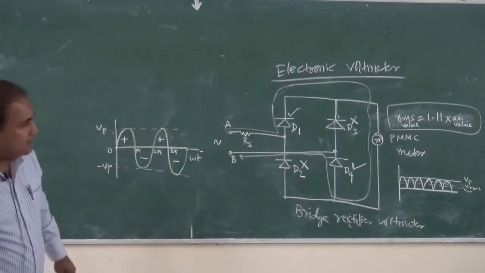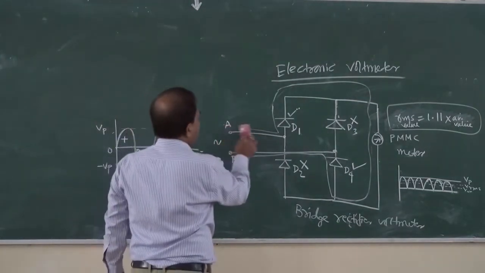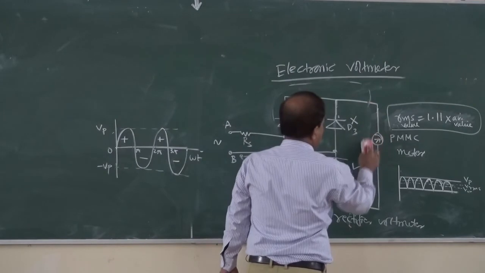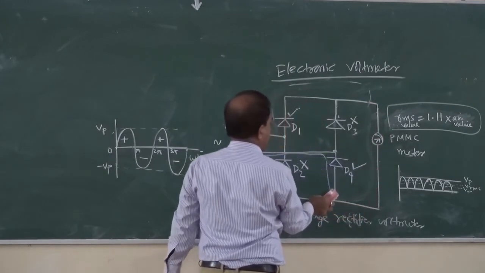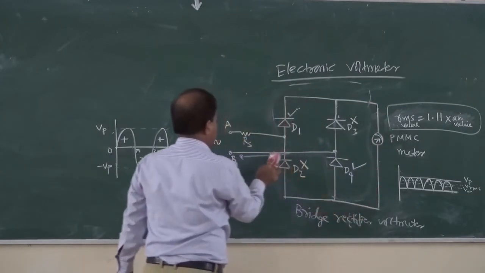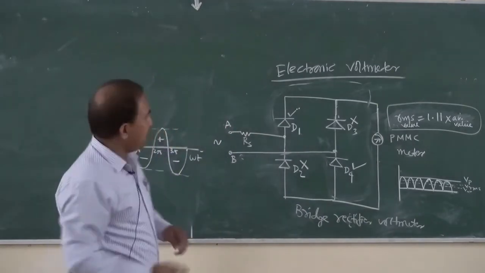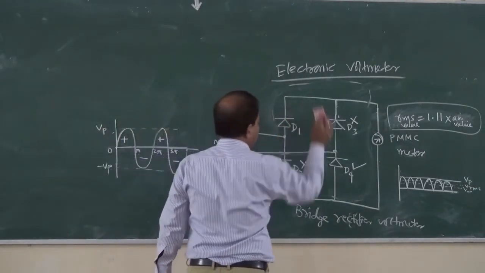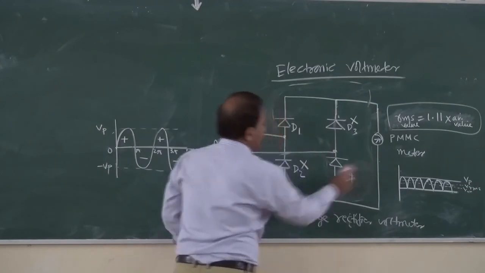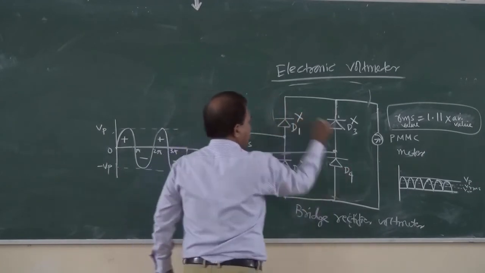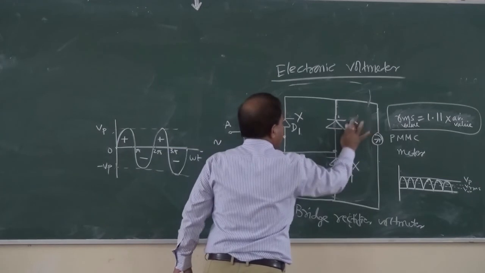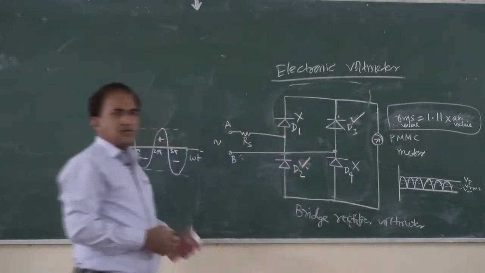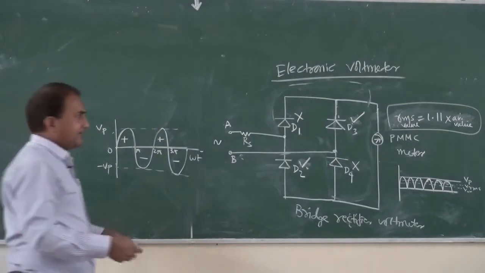Similarly, during the negative half cycle, we have to erase this. During the negative half cycle, D1 and D4 will not conduct, whereas D3 and D2, these two are conducting.